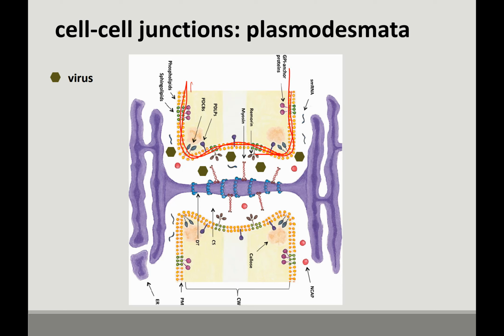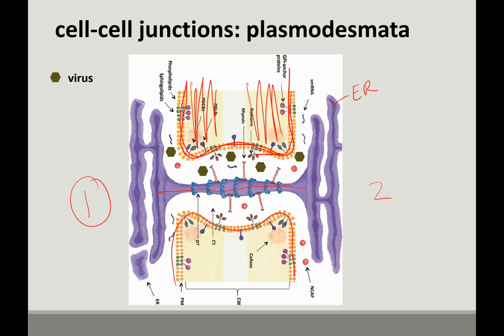Outside here, cell wall. So plants share a cell membrane. This purple is the ER. And you can see that the ER membrane can go from plant cell 1 to plant cell 2 through that plasmodesmata. So this part is called the tubule.